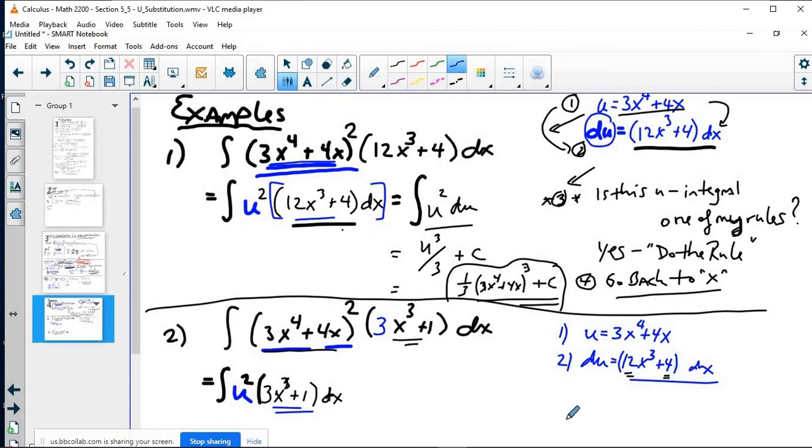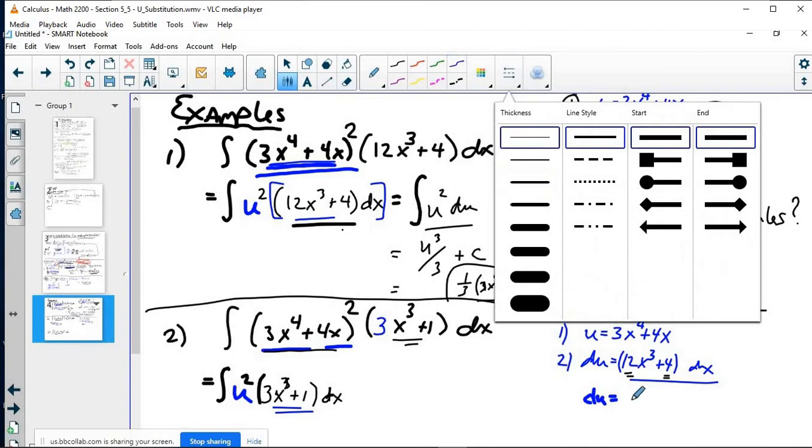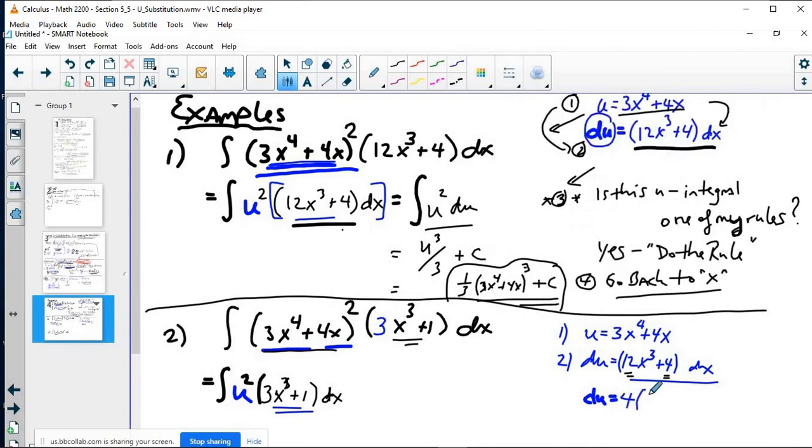So algebraically, I could factor out a 4, and if I factored out a 4, I would be left with 3x cubed plus 1. So I do have this, I just happen to have 4 of them, and over here I only have 1.